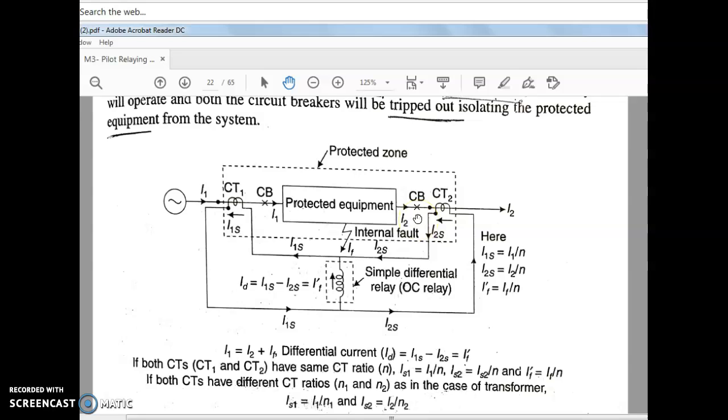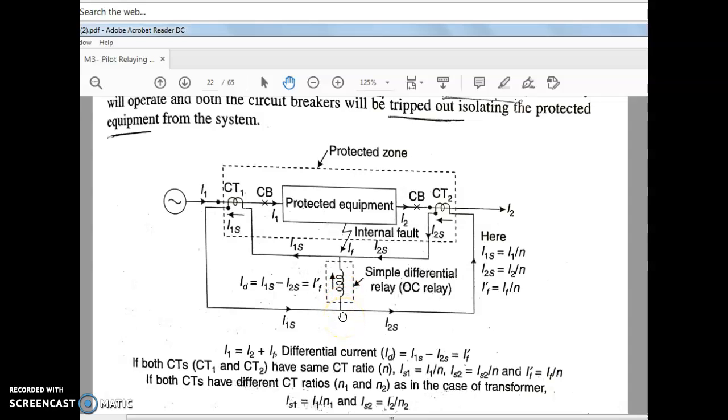Hence, the two secondary currents, the secondary of this CT is I1s, and here the secondary current of this CT is I2s. Both are not equal, so a difference occurs between the secondaries of these two currents. That difference should flow through the what? Operating coil. That difference we call IF dash. That difference between the secondaries of these two currents is flowing through the operating coil.